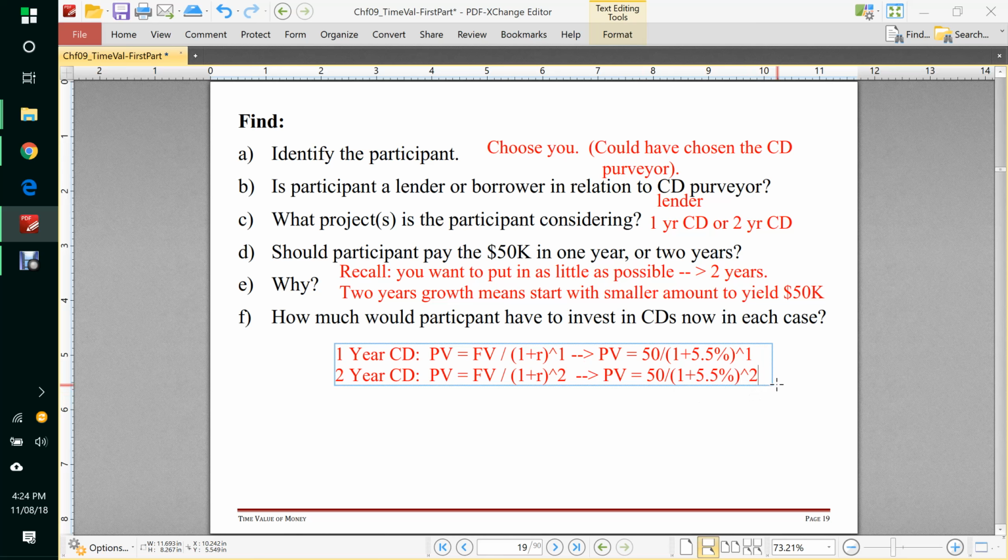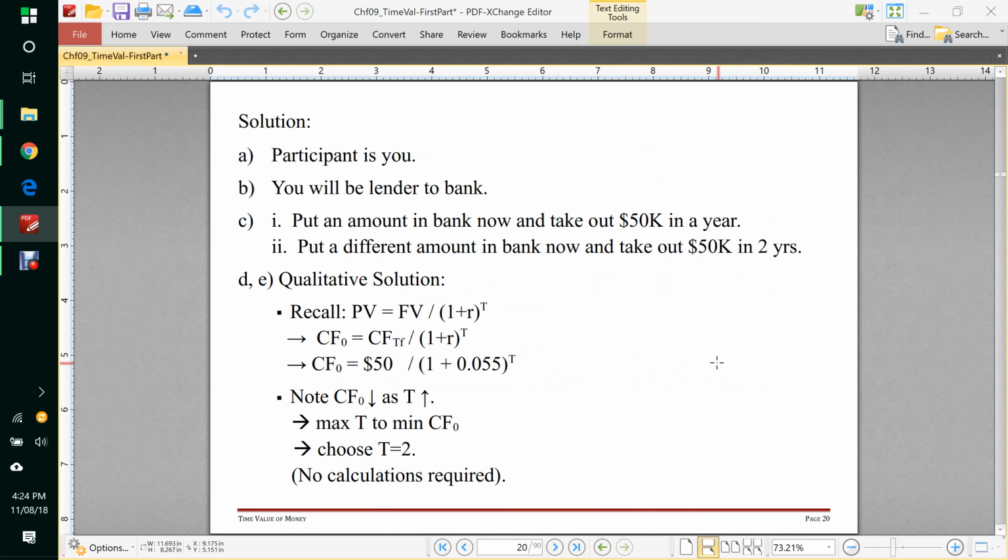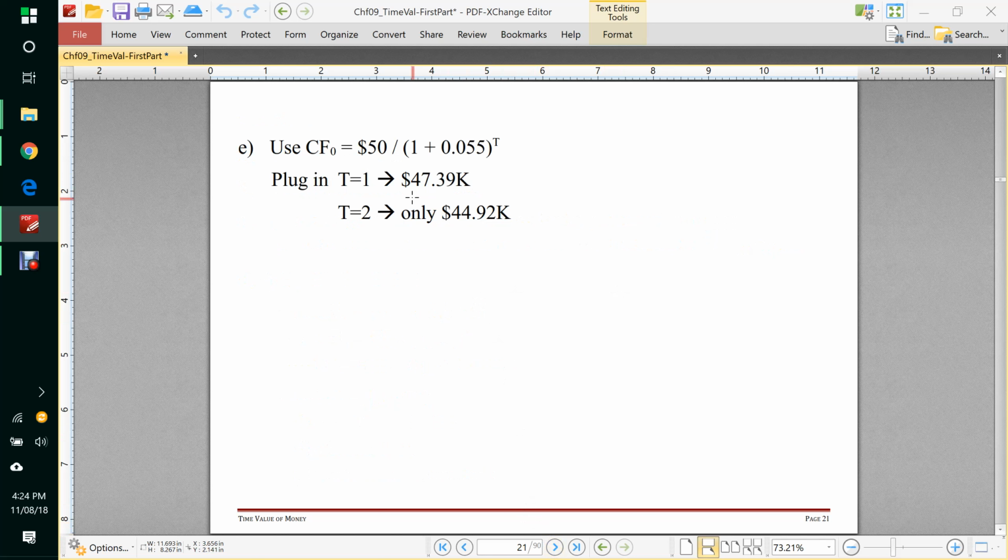And you can see for the second one here, the denominator is bigger, the numerator is constant, so it's going to be a smaller amount that you have to put in, okay? And that's calculated for us here on the next page.